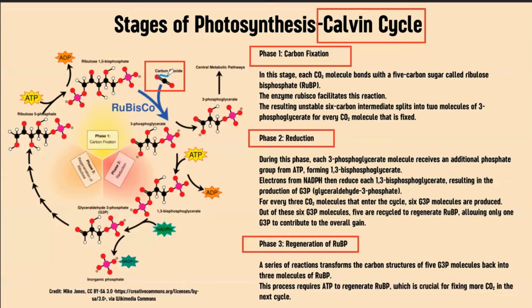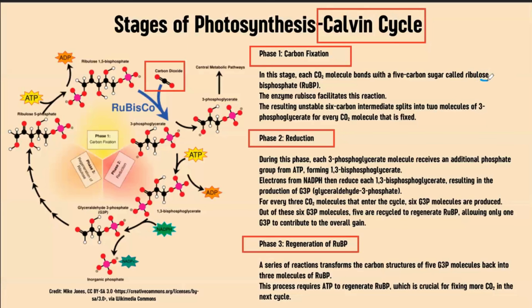Step 1 deals with carbon dioxide, and one carbon dioxide molecule will combine with a 5-carbon sugar known as ribulose bisphosphate. If you notice that ending there, -ose, if you think of glucose, fructose, galactose, those are all carbohydrates.